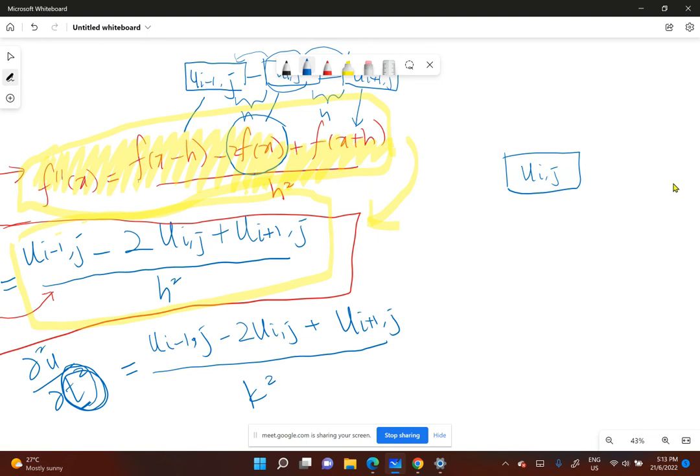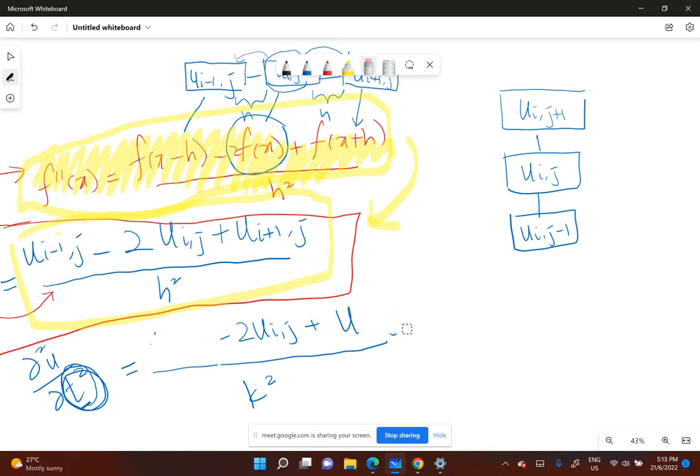Dia naik turun atas dengan bawah lah. Yang ni J minus 1. Yang ni adalah UI J plus 1. Adib, betul ke? So ini bukan. Tengah tu betul lah. Yang tengah tu betul, sebab ini terhadap T.